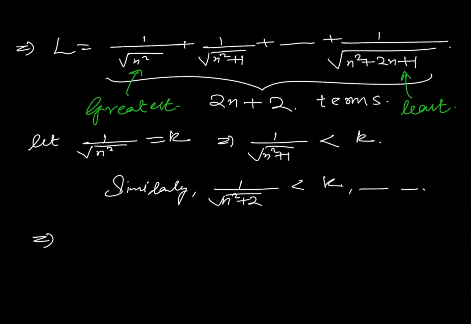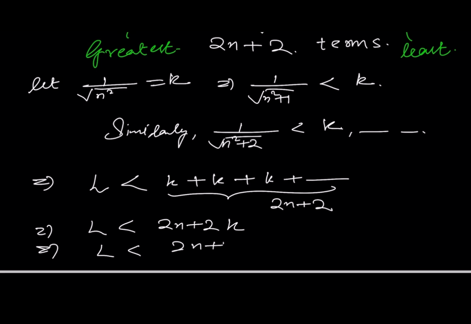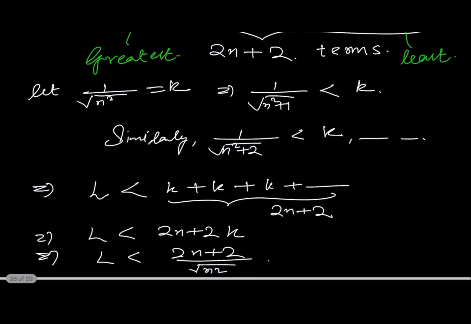So this whole L can be written as less than k plus k plus k and so on, right? And how many of these k's are there? 2n plus 2. So L is less than (2n + 2)k, meaning L is less than (2n + 2)/root(n square), because k is equal to 1/root(n square).